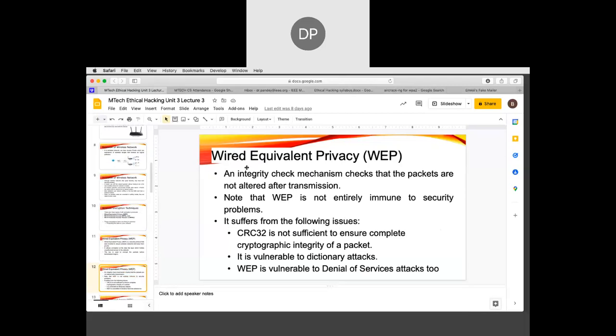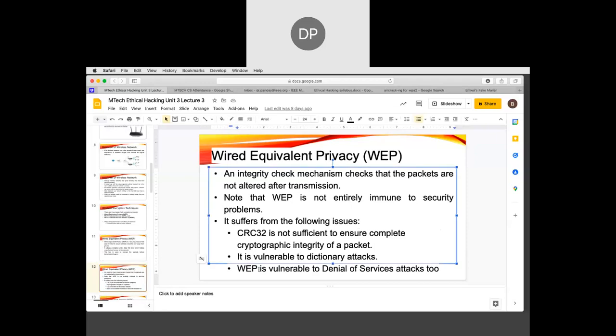An integrity check mechanism checks that the packets are not altered after transmission. WEP is not entirely immune to security problems. It suffers from flaws. CRC32 is not sufficient to ensure complete cryptographic integrity of packets. It is vulnerable to dictionary attacks. WEP is vulnerable to denial of service attacks too.